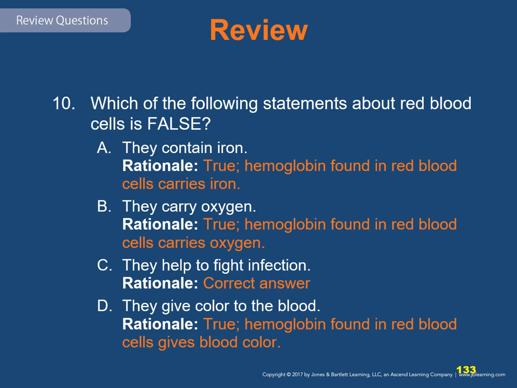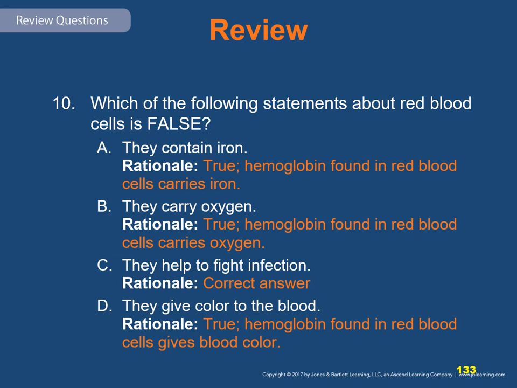So if we look at this question again, which of the following statements about red blood cells is false? A, they contain iron. That's not false. It's true. The hemoglobin found in red blood cells carries iron, which gives it its red color. B, they carry oxygen. That's true. The hemoglobin found in the red blood cells carries oxygen.